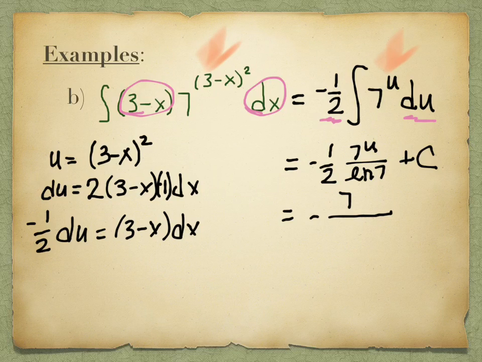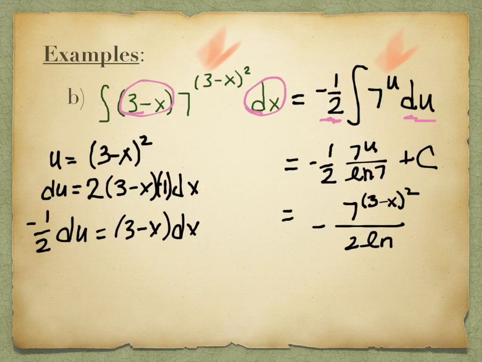I have 7 to what power? 3 minus x squared. What's my denominator? 2 ln 7. And then I have plus c.